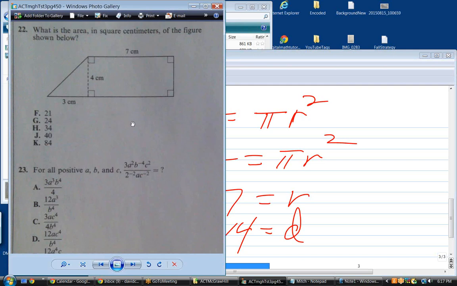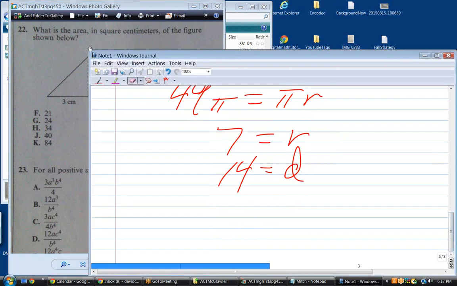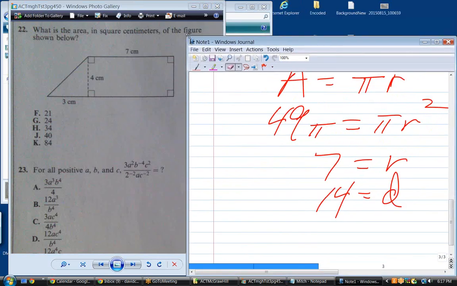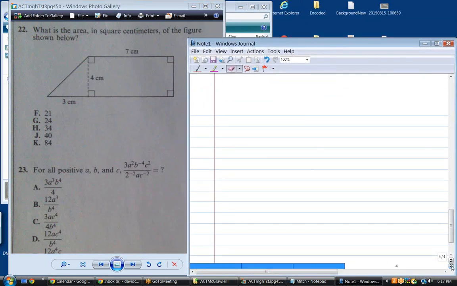Wow. Cupcake problem. That would be... it would be 34.